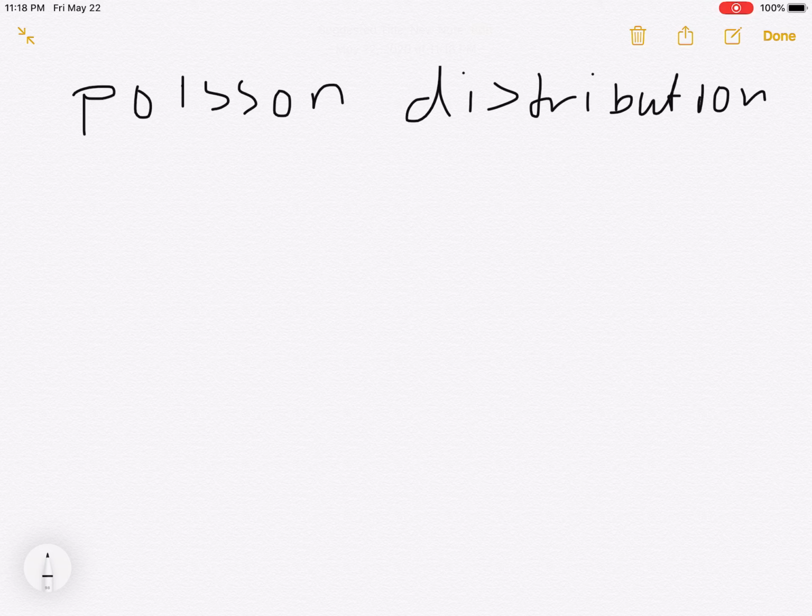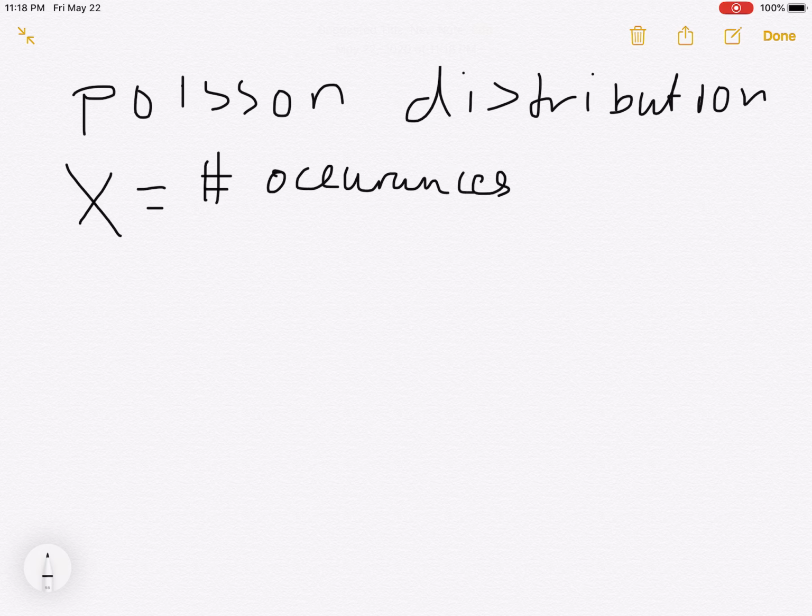Let's first talk about one of the most important things to recognize the Poisson distribution, which is its random variable, X. X is the number of occurrences per unit.